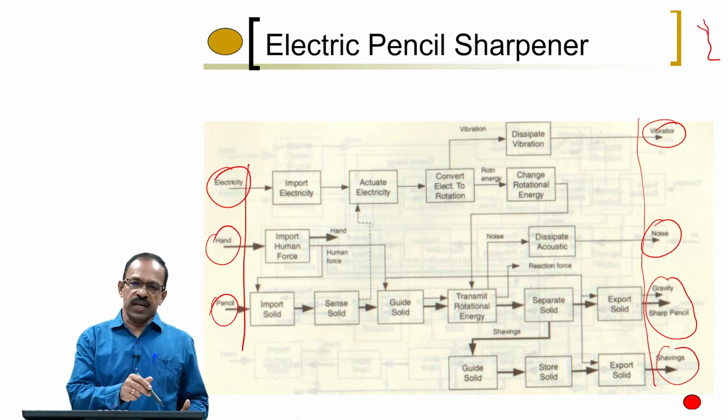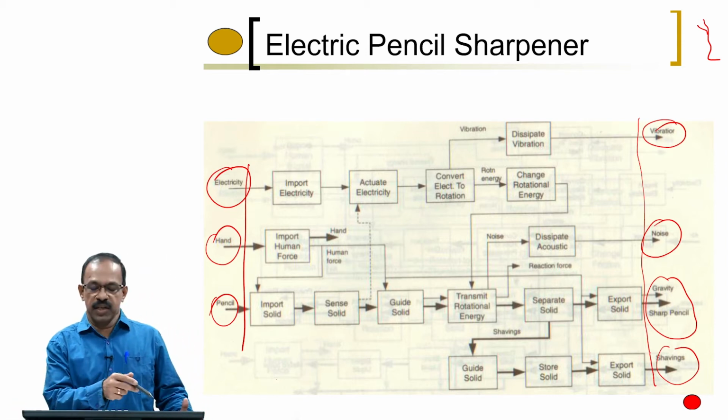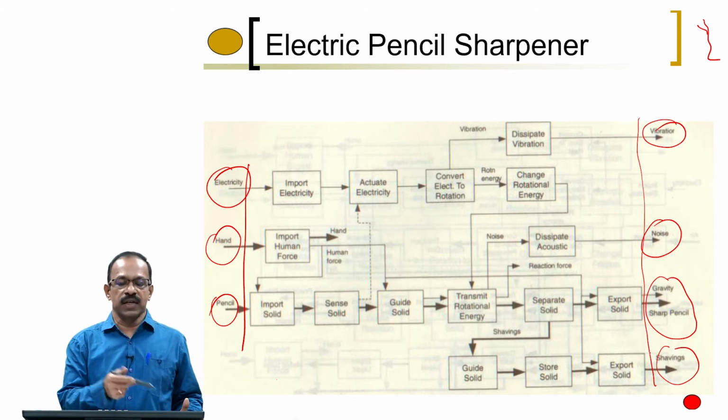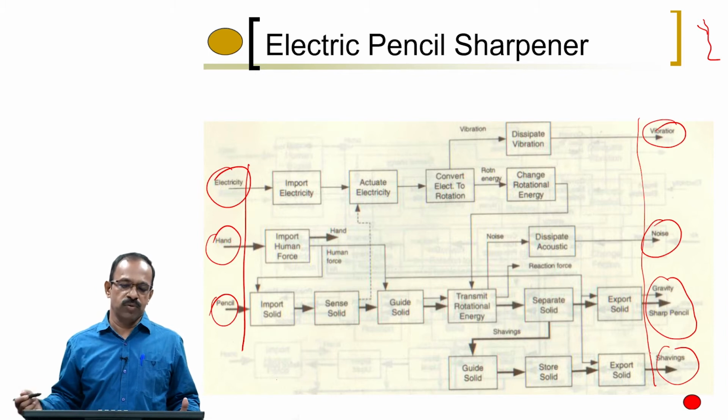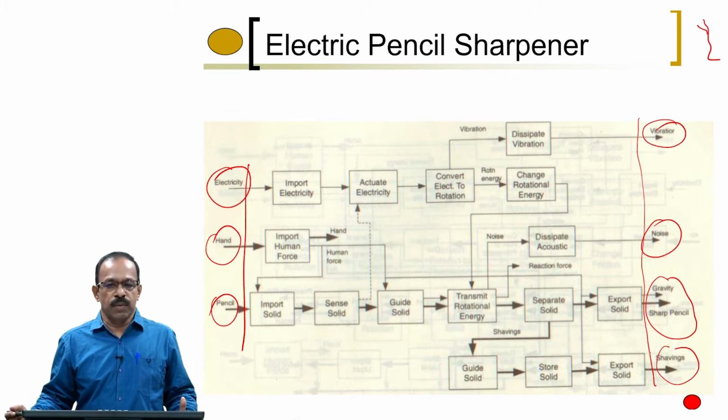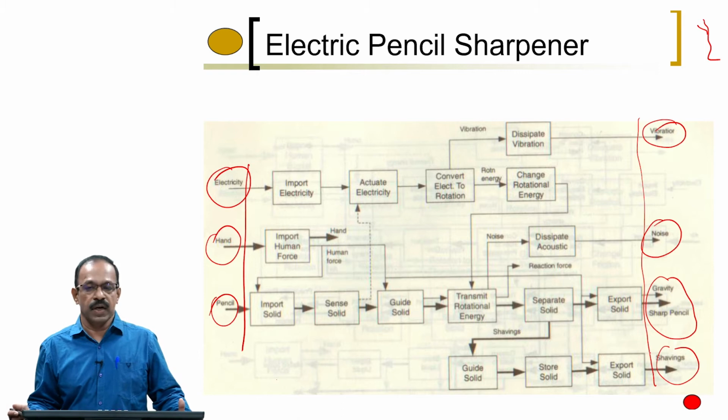We started with the flow, identified all the flows in the product, and then followed the flows to understand what happens to each flow as it comes out in a different form.